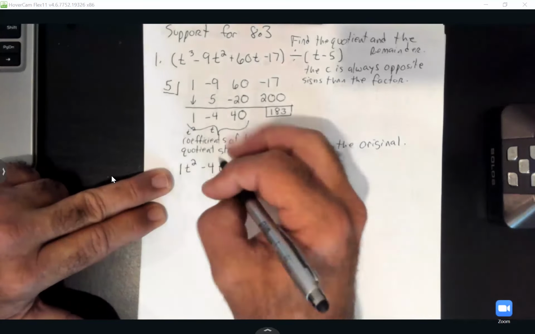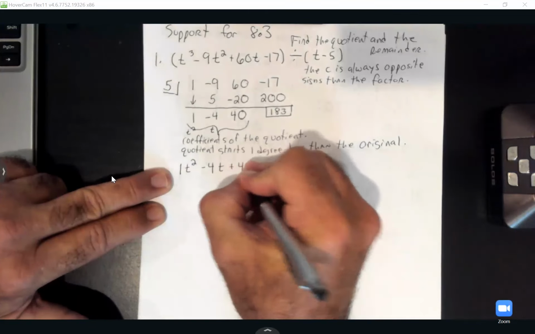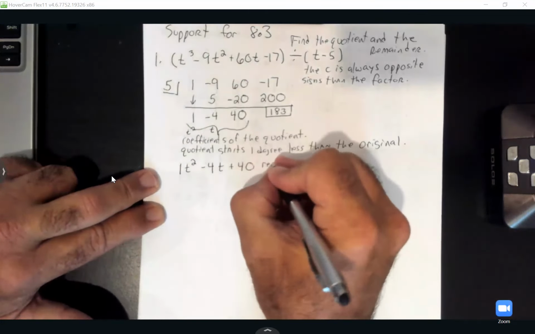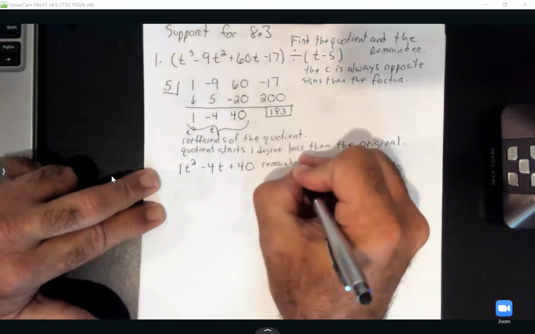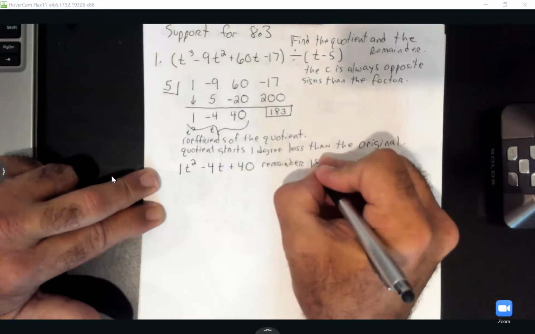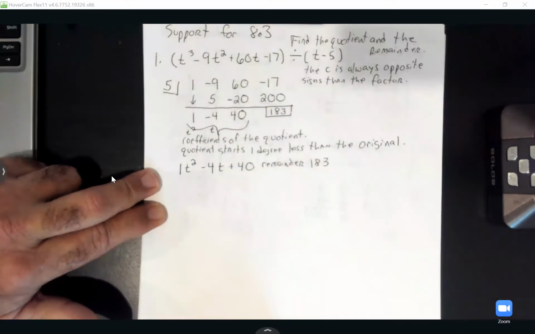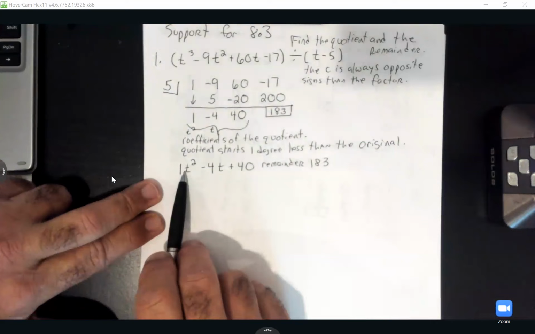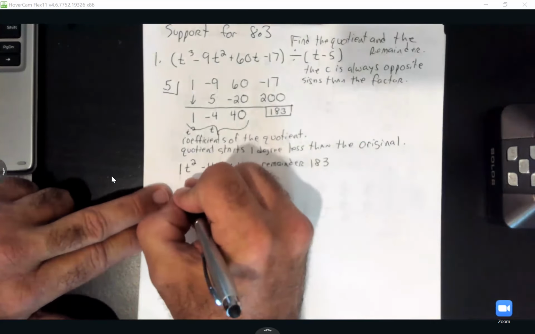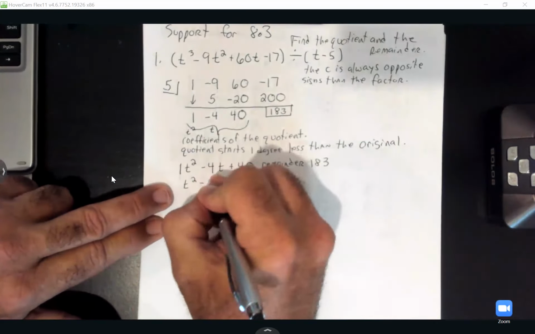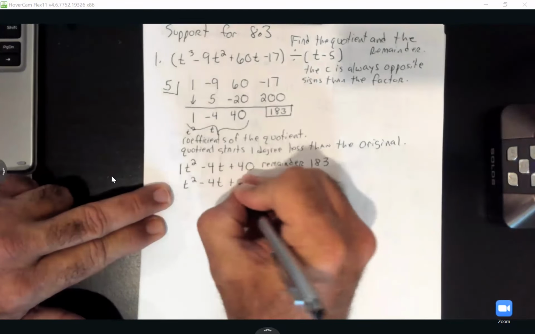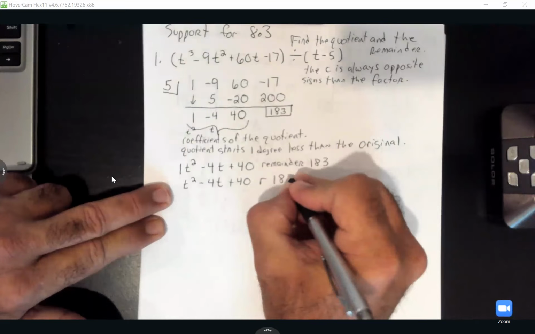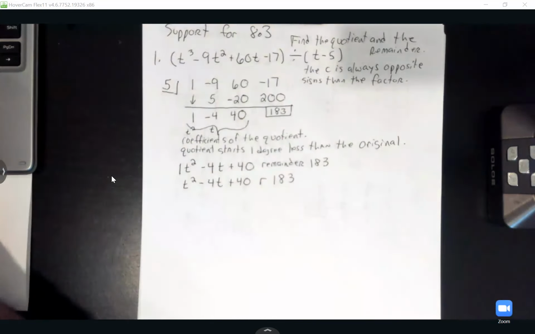And then at the end would be a positive 40 with a remainder of 183. Now, y'all, I probably wouldn't write it like this in MATLAB because that 1 t squared, I would just make that a t squared minus 4t plus 40, and then my remainder of 183.